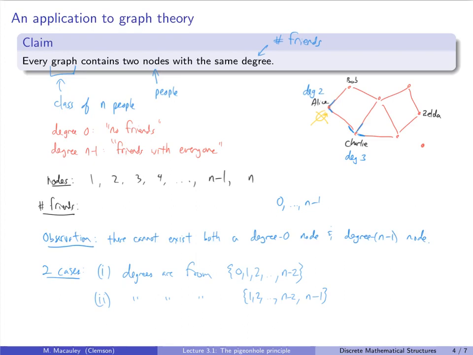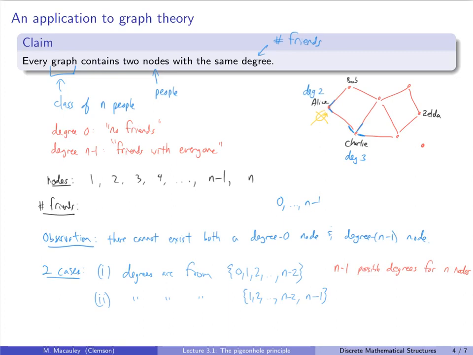So in this first case, we have n minus 1 possible degrees for n nodes.